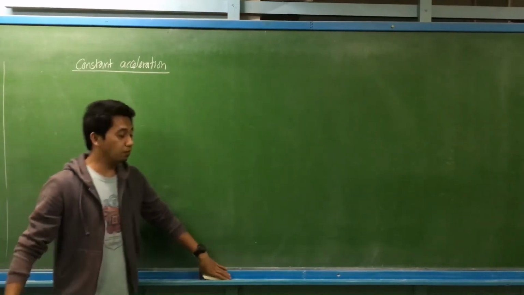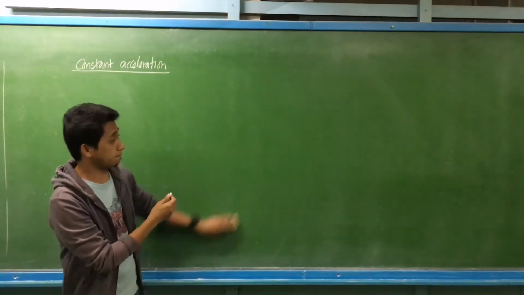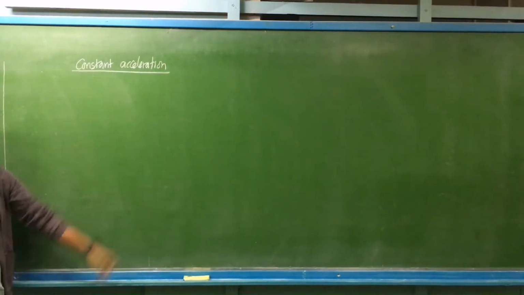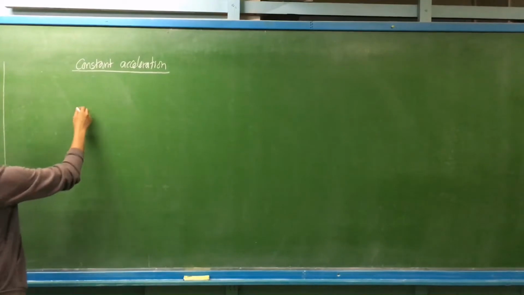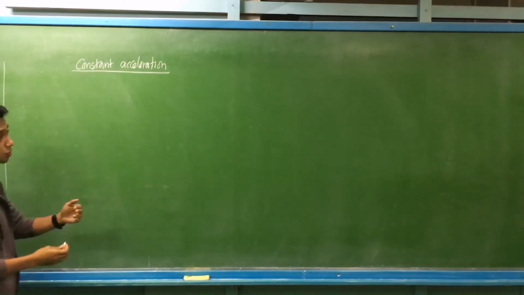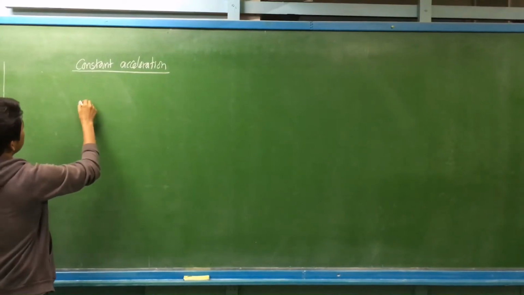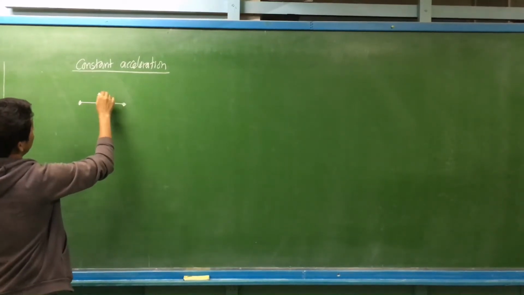Okay, in the majority of cases on our board exam, when it comes to dynamics, we have the case of constant acceleration. Let's consider the application of differential calculus, for example, a particle moves from one point to the other.